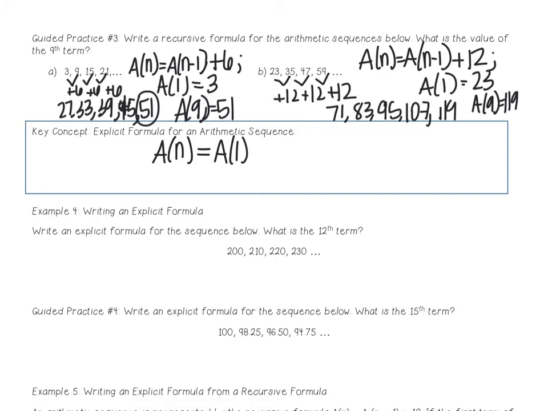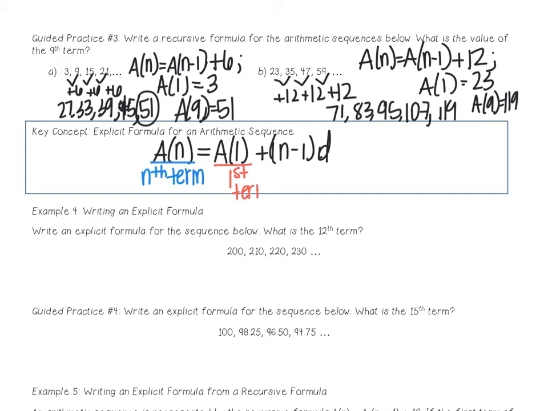You do A sub n is going to be A sub 1, or the first term, plus n minus 1 times d. A sub n is the nth term, so that's the term you're looking for. A sub 1 is the first term.